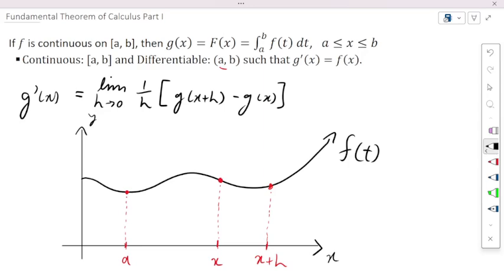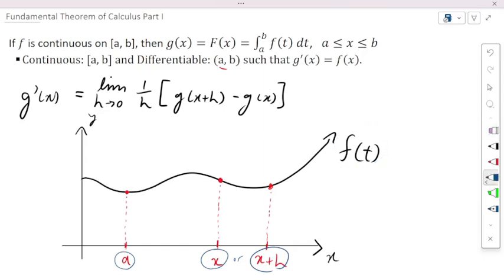We are going to say that g of x plus h and g of x are in terms of integrals. And we need to consider, whenever we're working with integrals, the area under the graph, right? Between the x-axis and the curve of the function f of t. So basically, it's going to be our integral from one point to another point, so either x or x plus h, of the function of t with respect to t, okay?